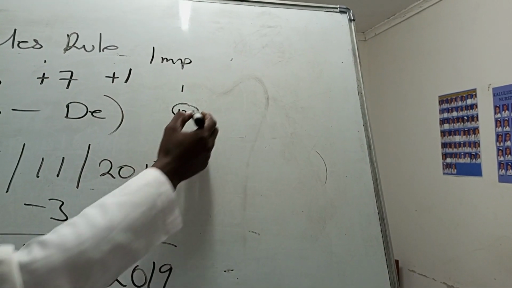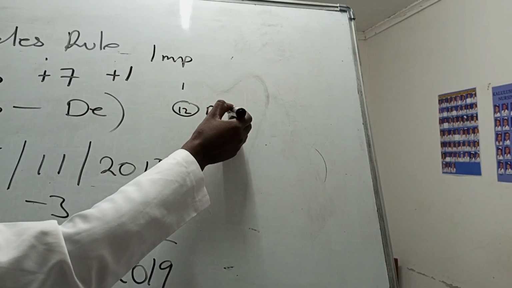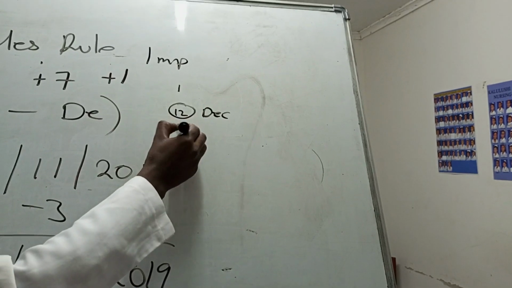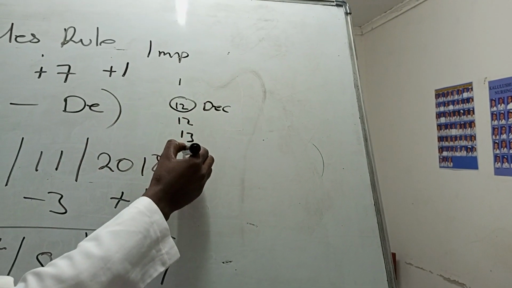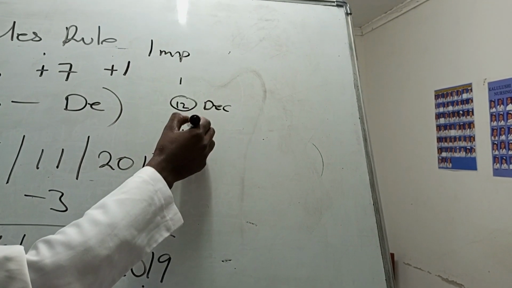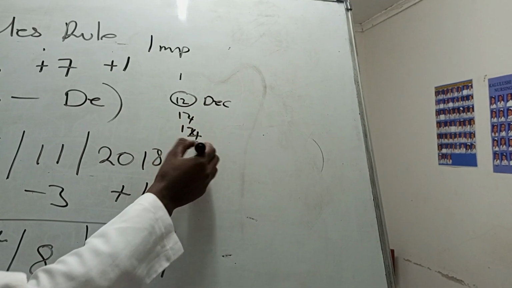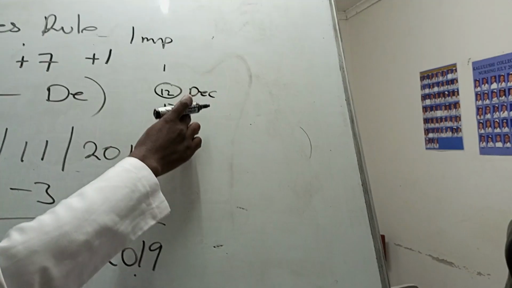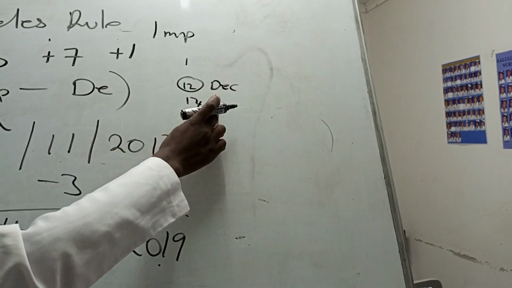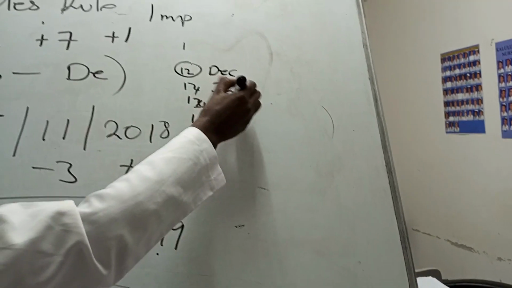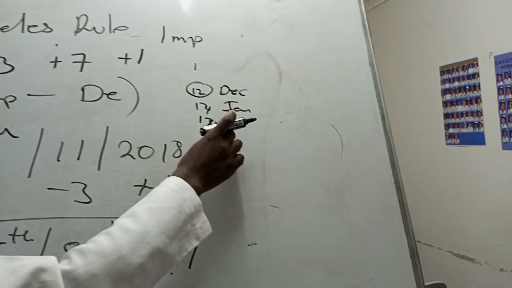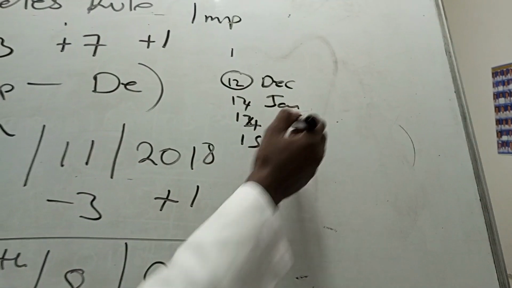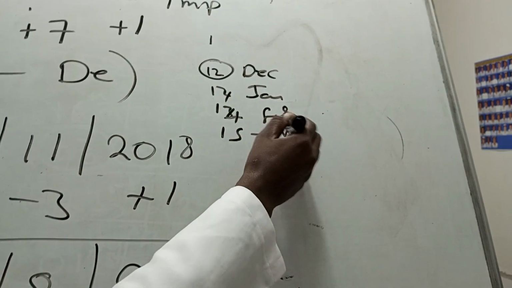So from December we are going to have the 13th month, which is January, the 14th month will be February, and the 15th month will be March.